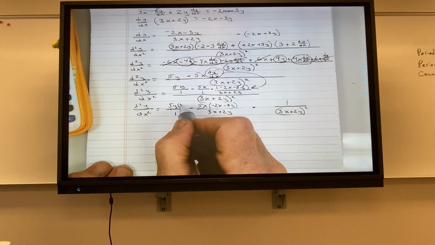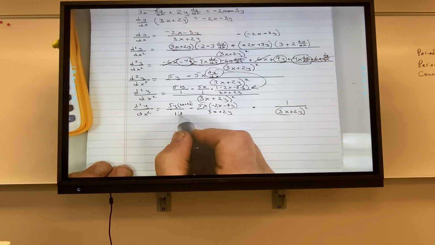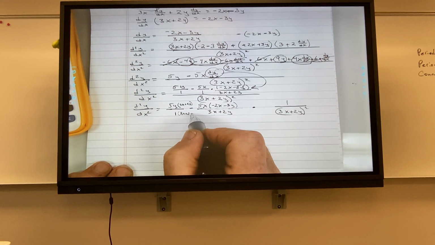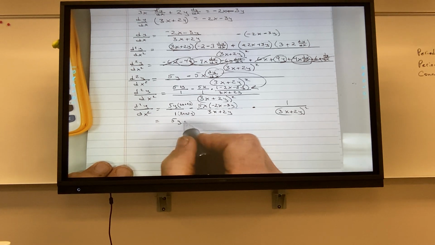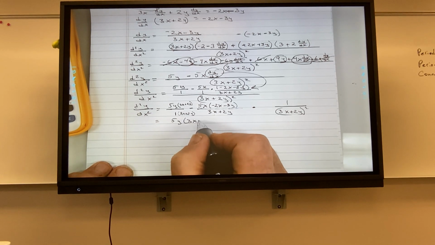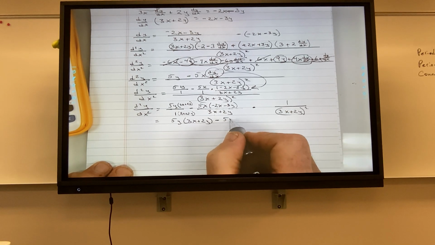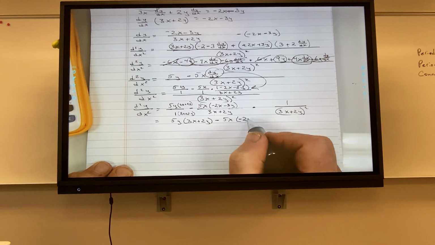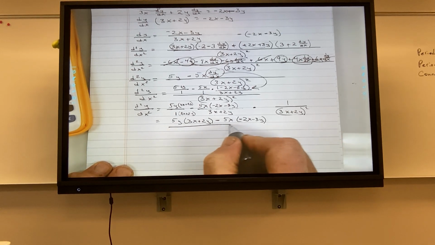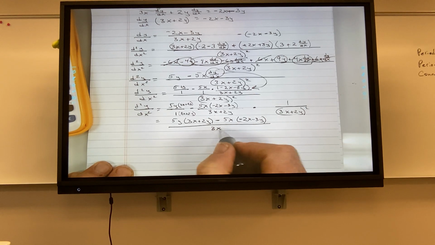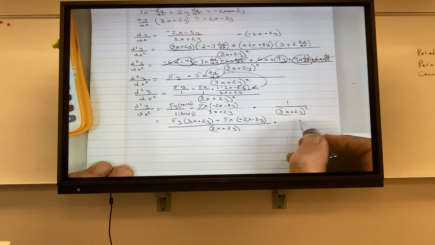So I'm going to have to multiply this by 3x plus 2y, and I'm going to have to multiply this by 3x plus 2y. So now I got 5y times 3x plus 2y minus 5x times a negative 2x minus 3y over 3x plus 2y times this reciprocal.